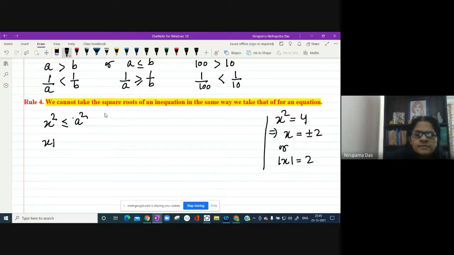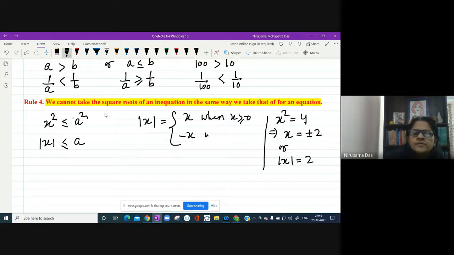Mod x less than equal to a. Okay, now here how to interpret mod x less than equal to a. So as we know, mod x is x when x greater than equal to 0, minus x when x less than 0. Okay, now I can take two cases here.